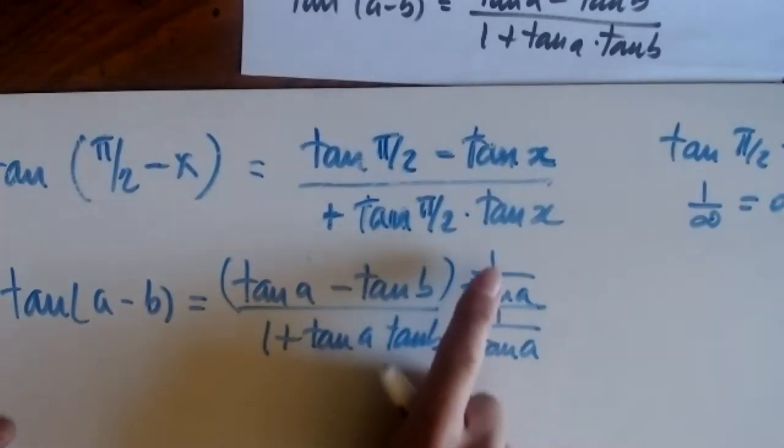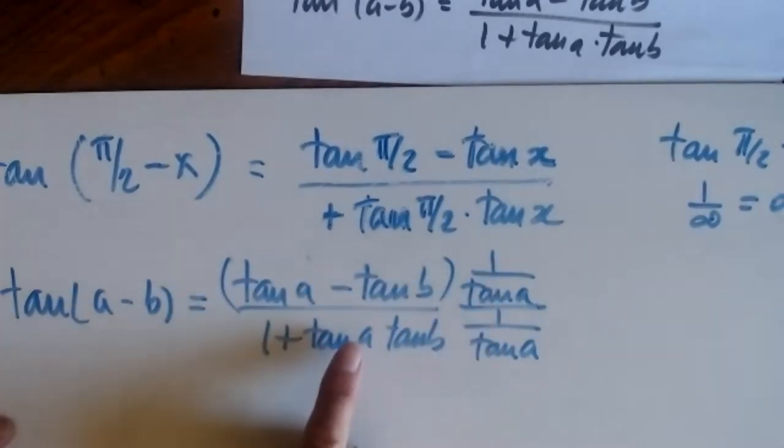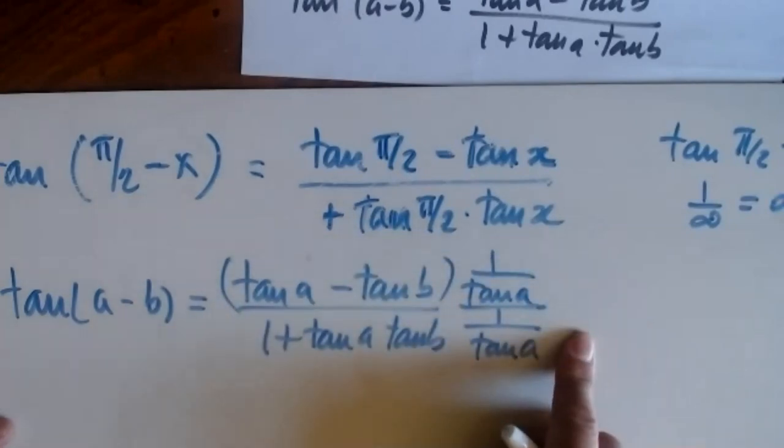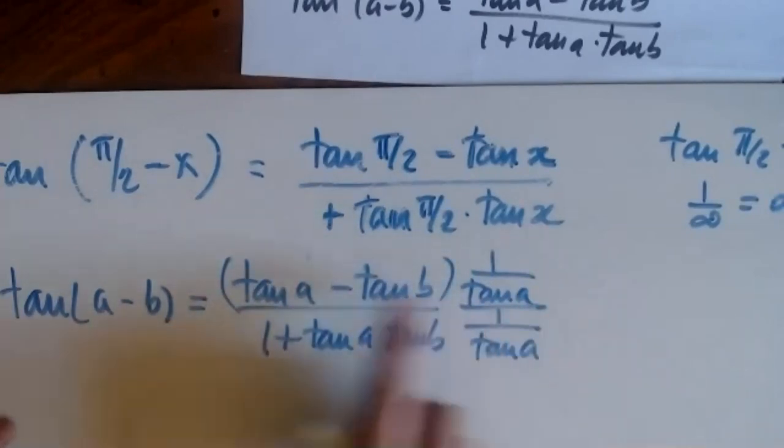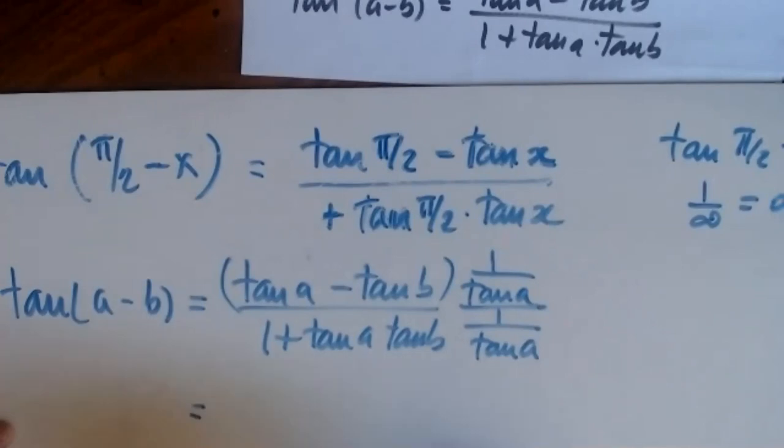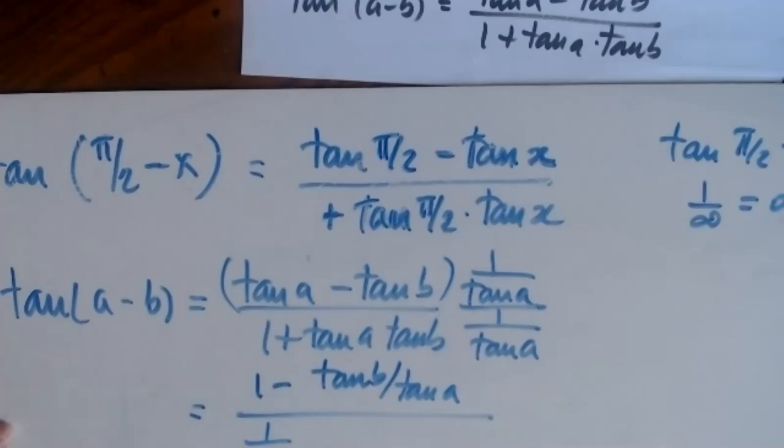This is a 1, so the expression is the same, because this over this is 1. But it changes my expression: this times this is 1 minus tangent B over tangent A, over 1 over tangent A plus tangent B, correct?